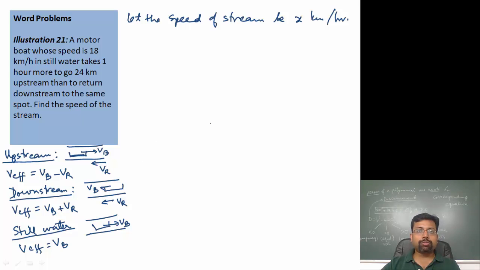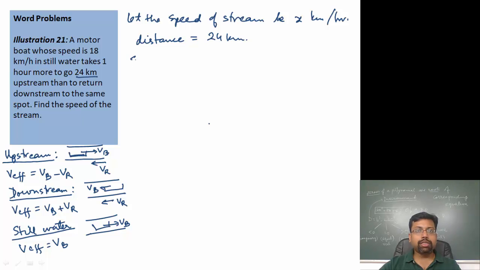So we have to find the speed of the stream, that is Vr, which we have assumed to be x. And here the distance it says is 24 kilometers. So the distance in which the boat travels is 24 kilometers. Now it says that the motorboat speed in still water is 18 kilometers per hour.